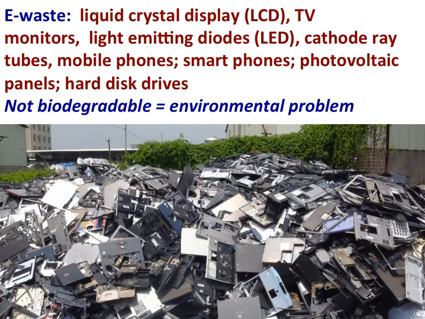E-waste includes liquid crystal displays, LCD, TV monitors, light-emitting diodes, LED, cathode ray tubes, mobile phones, photovoltaic panels, hard disk drives, etc. In 12 Asian countries, the volume of e-waste increased by nearly two-thirds between 2010 and 2015. Hong Kong, for example, produces nearly 50 pounds of digital trash per person per year.